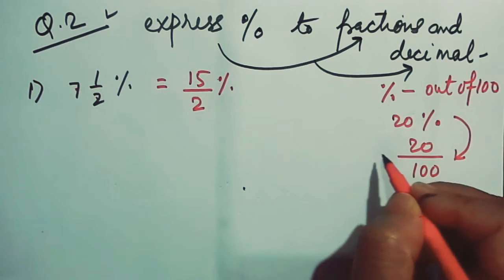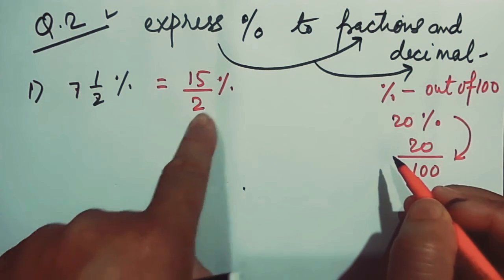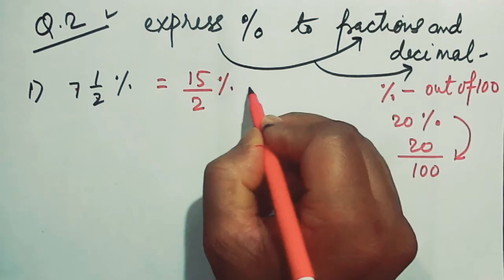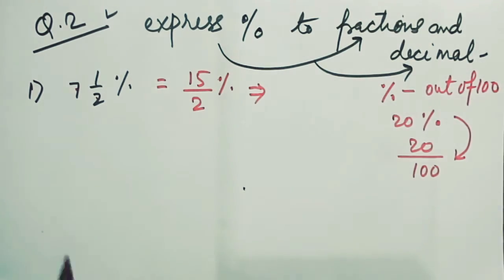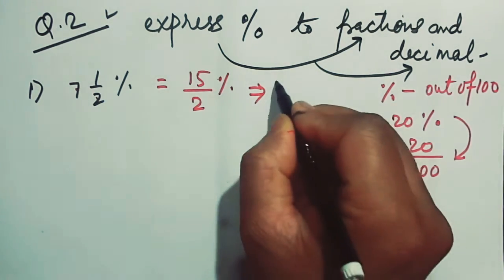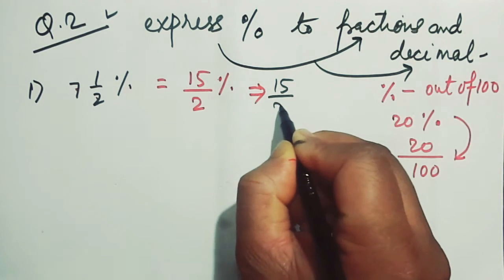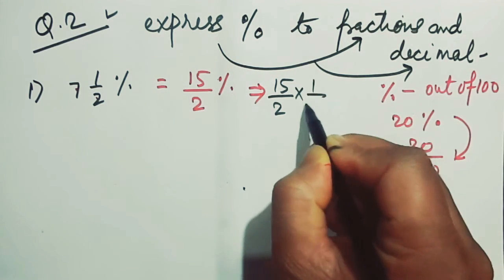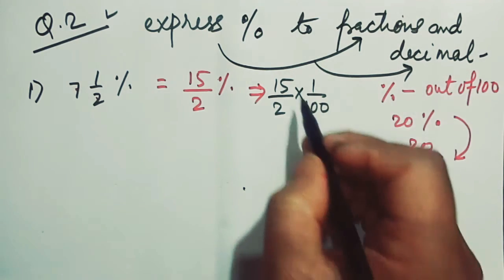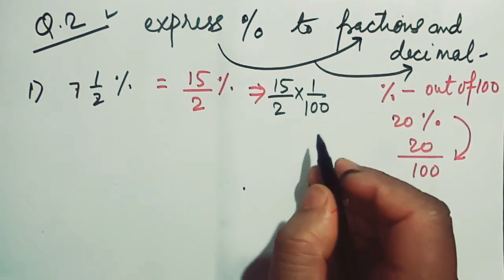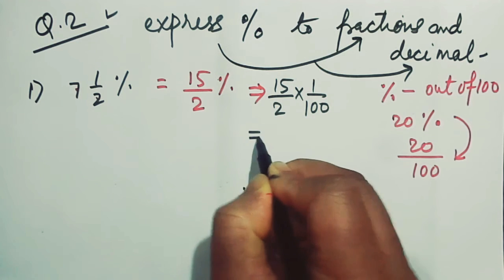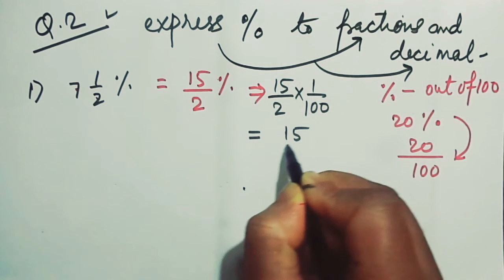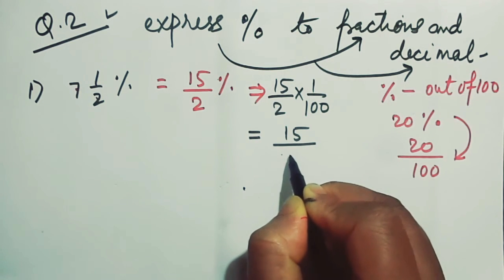So naturally when we have 15 by 2%, we will write this as 15 by 2 into 1 by 100, isn't it? 15 by 2 into 1 by 100 means we will get a value 15 by 200.